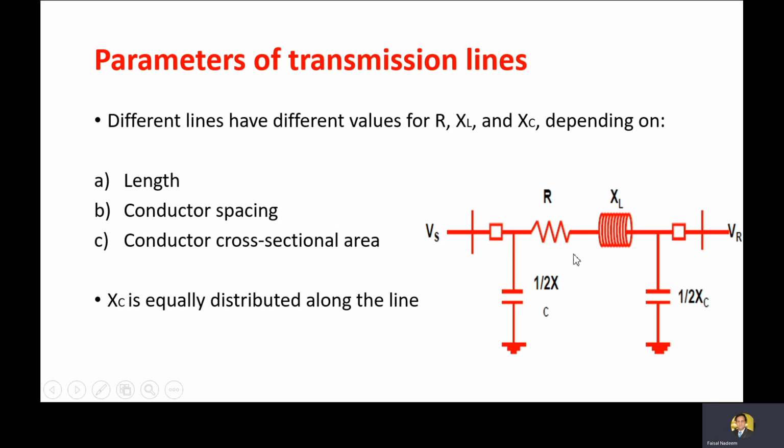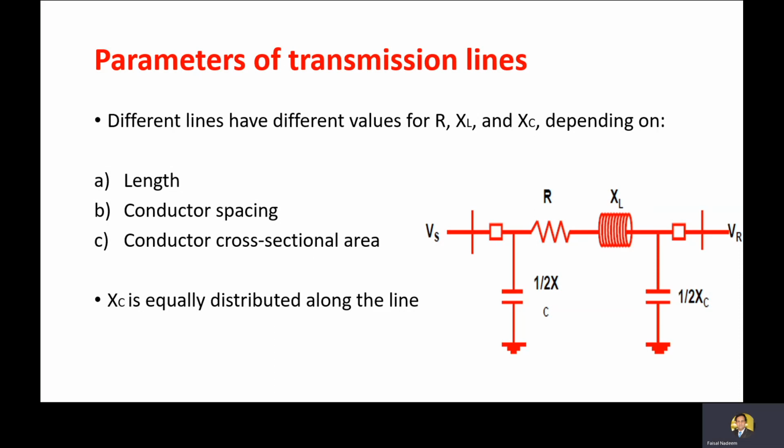The opposition offered by this resistor to the flow of current is known as line resistance. The opposition offered by the inductor and the capacitor to the flow of the current is known as reactance, and it is represented with the help of XL and XC.